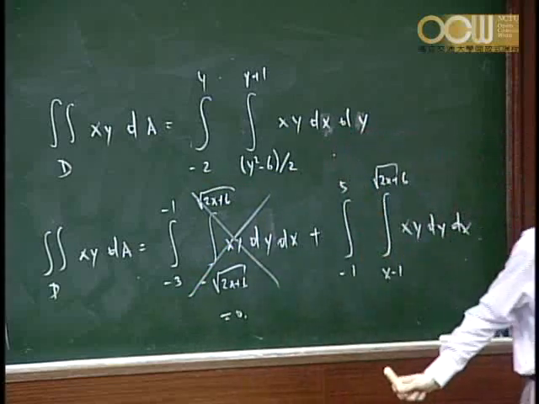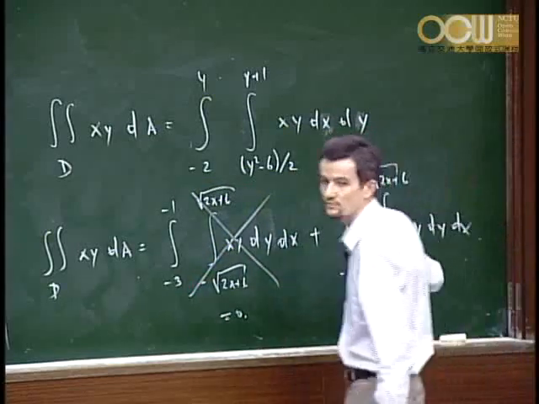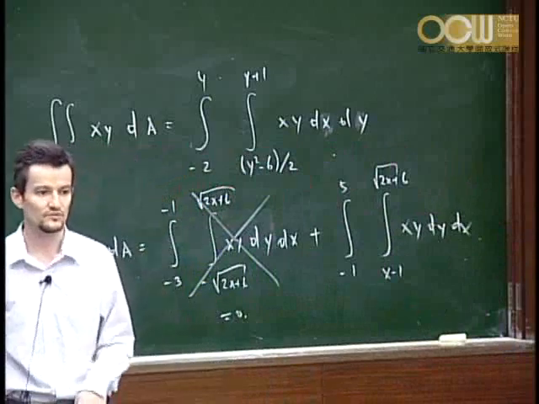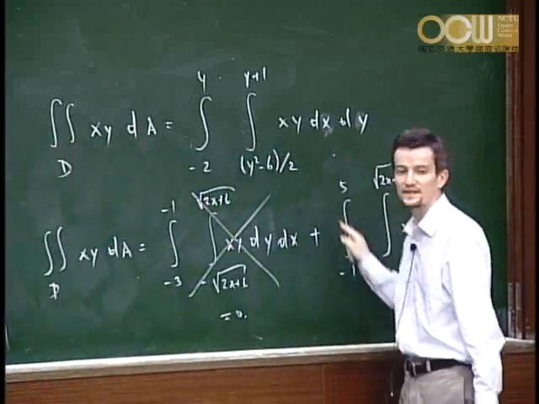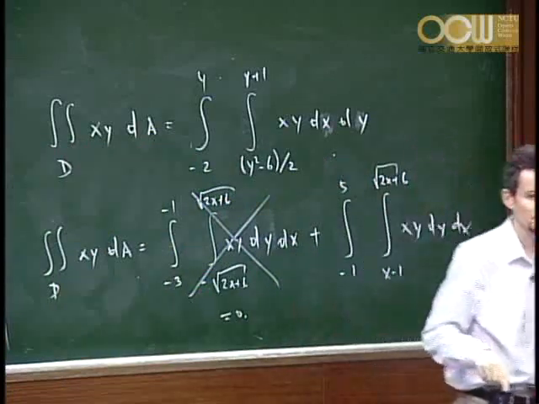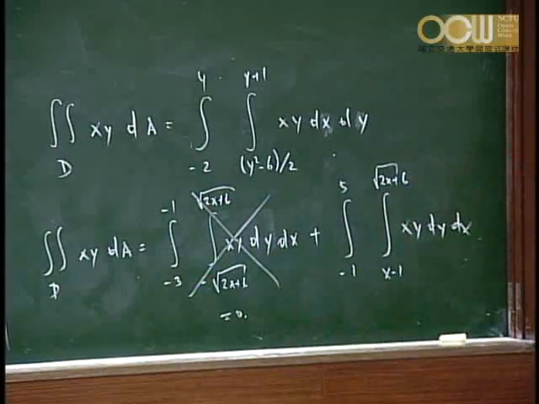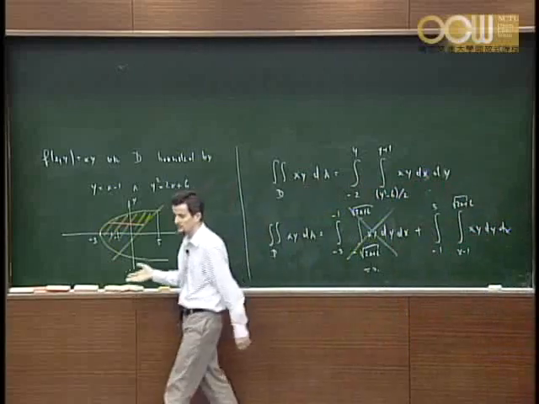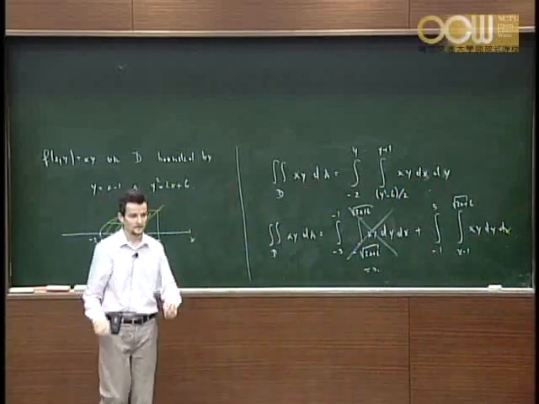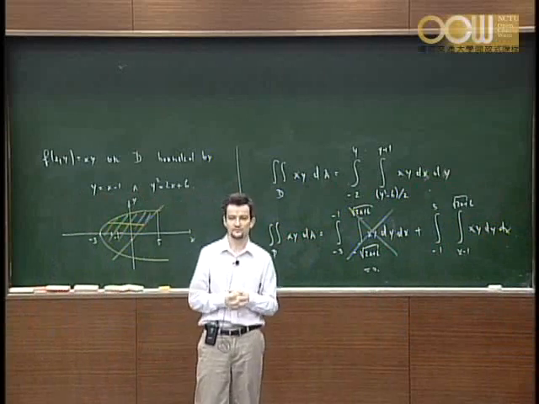I would claim the complexity of computing both is the same. It's not really, as the author claims, that this is more complicated than this one. But this is due to the function here. So sometimes this can really help, and we will see that the order of integration sometimes is very essential.